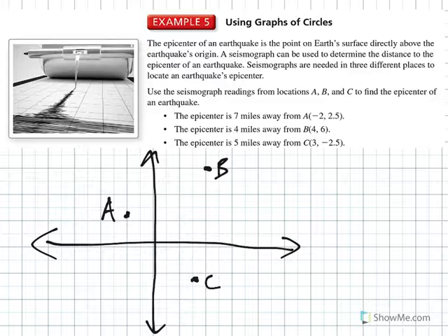So basically what we would do here is try to draw a circle that has approximately that radius for how far the epicenter is. We know it's 7 miles away, so we know it's going to be somewhere on that radius of A. So if we count out 7 from A, we would go 1, 2, 3, 4, 5, 6, 7. And we're just going to draw some other points to make a circle.